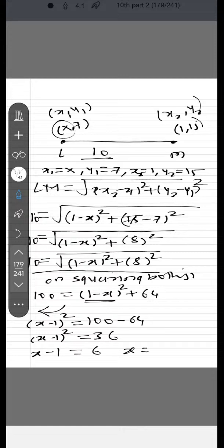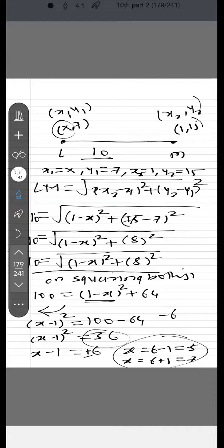The square root of this is 6, so x minus 1 is plus or minus 6. So x is equal to 6 plus 1, or x is equal to minus 6 plus 1. It can be 7 or minus 5. Why have I written the square root of 36 as plus or minus?